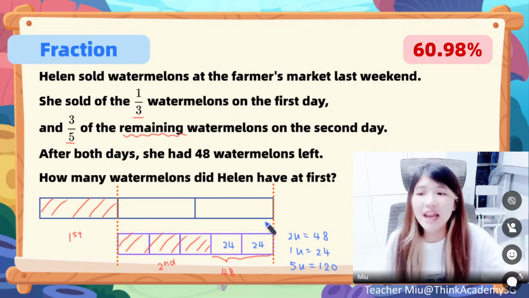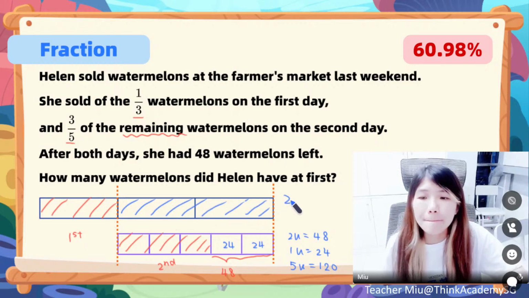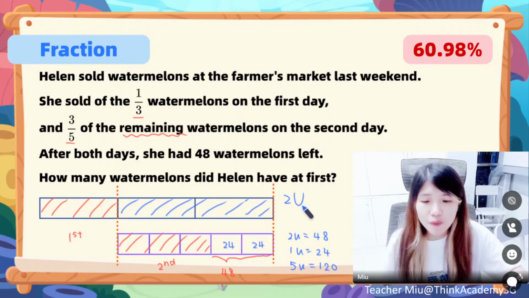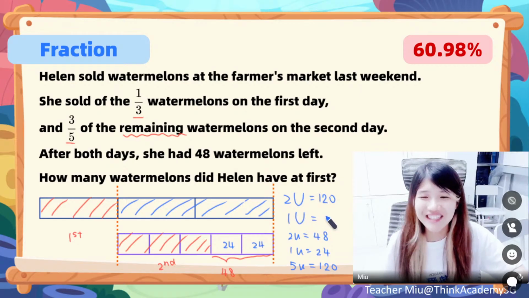This 120 watermelons refers to this whole part, which is 2 big units. So 2 big units refers to 120 watermelons. Then 1 big unit is 120 divided by 2, which is 60 watermelons.